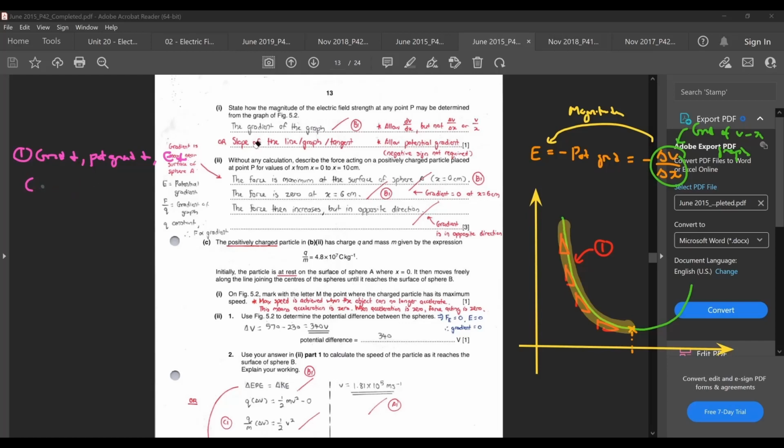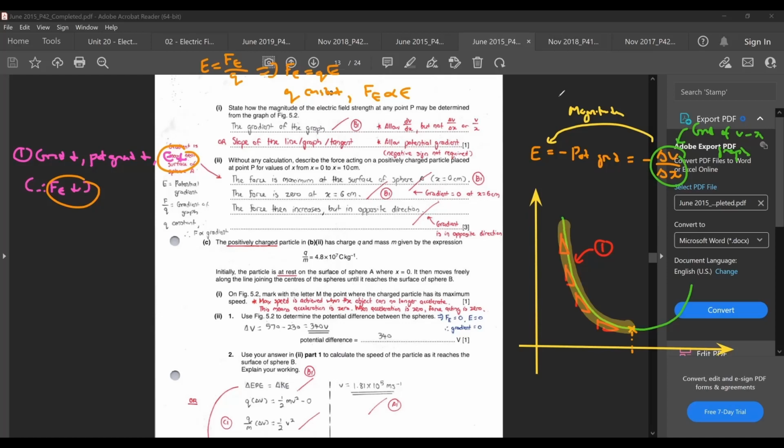Okay, this is what I can conclude. How do I know that? It's because of E equals FE over Q, such that FE is equal to QE. If Q is a constant, FE is proportional to E. So now if E drops, FE drops. Okay, that's point number 1.